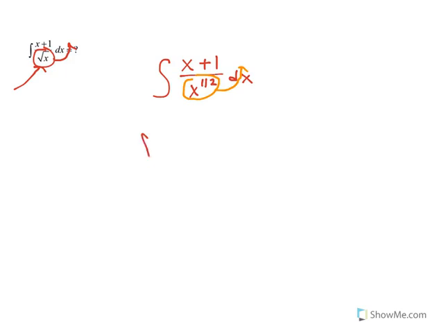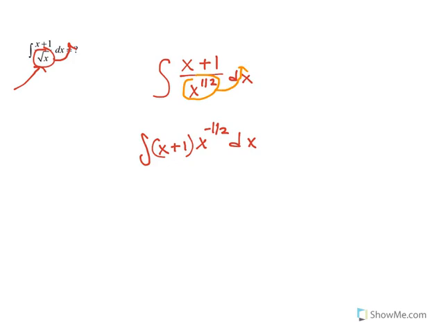So we'll say antiderivative. We'll say we have x plus 1 to the negative 1/2 power when we bring it up. And then right now we have a product, so we want to get things into more of a standard form so we can just reverse the power rule.